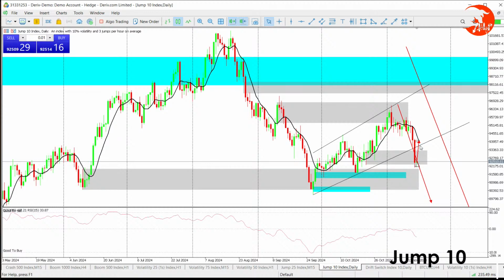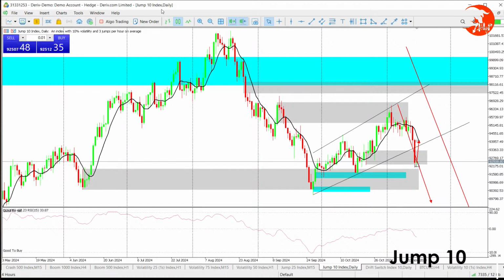So we'll be looking for a retest, and if the retest doesn't close within the rising wedge, then we'll be looking for this move. This move hasn't finished. According to daily, the retest is not yet done.